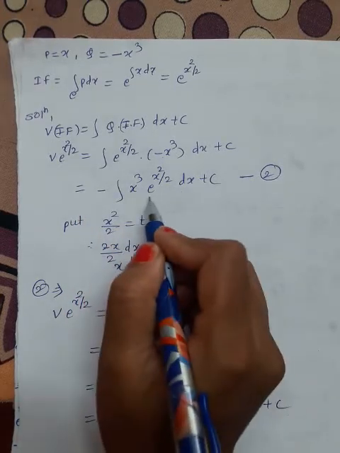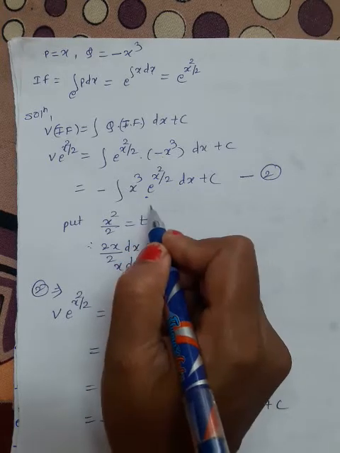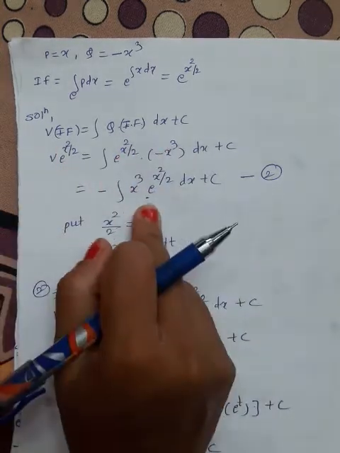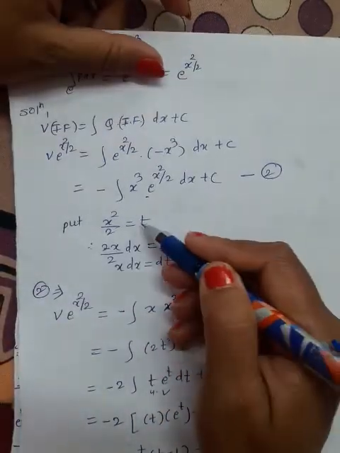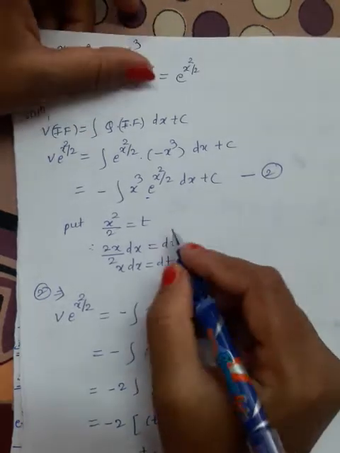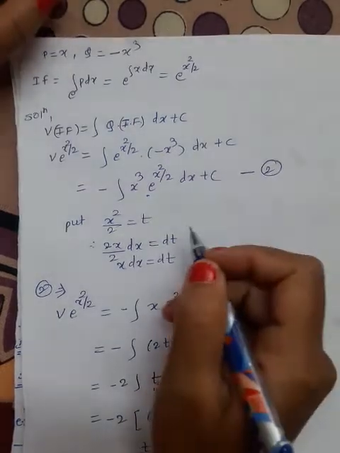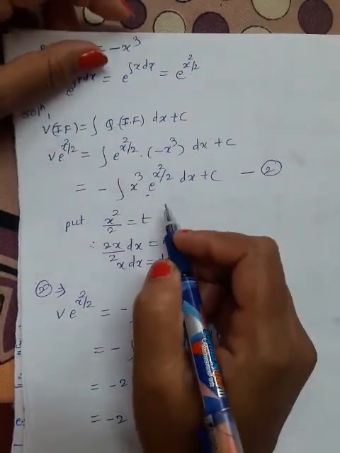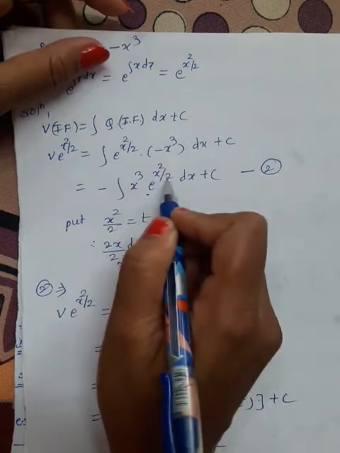Now this is straightforward. You can use u into v rule also here, or substitution method. We are using substitution method. The u into v rule you can use, but it becomes complicated because the exponential term contains a fraction.